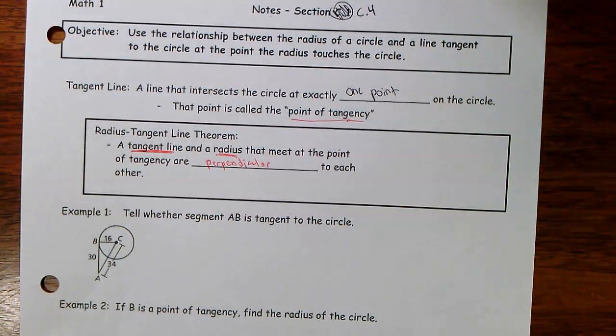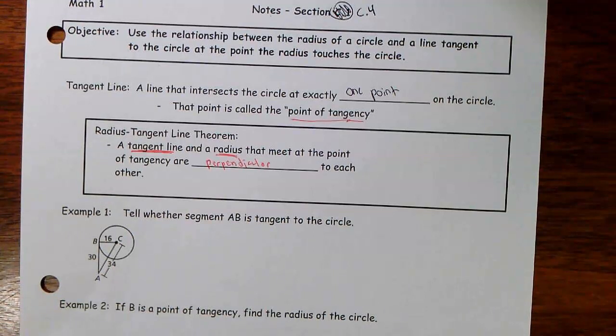And the fact that they're perpendicular means that they make a right angle. And better than that, perhaps a right triangle. So we can probably use the Pythagorean theorem to figure some things out. So let's see a couple things we might do with this information.